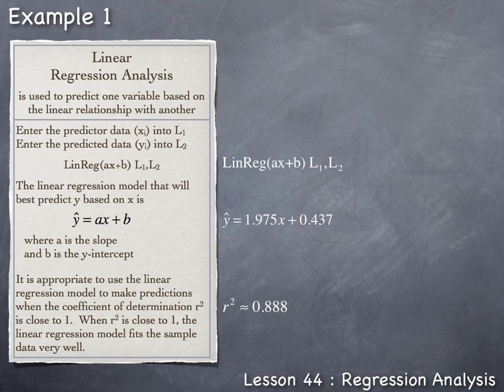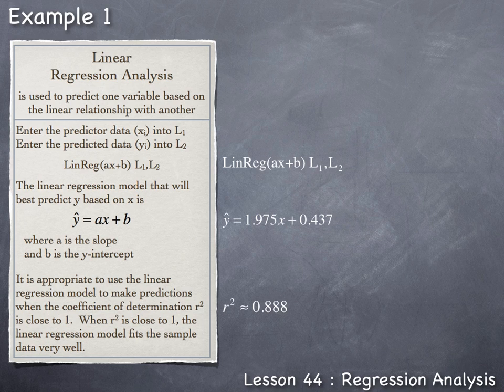So interpreting our linear regression model, we see that if we take x, the height of an individual at age 2, and multiply it by 1.975, which is essentially doubling it, and adding a little 0.437, we'll end up with y, the predicted height as an adult.